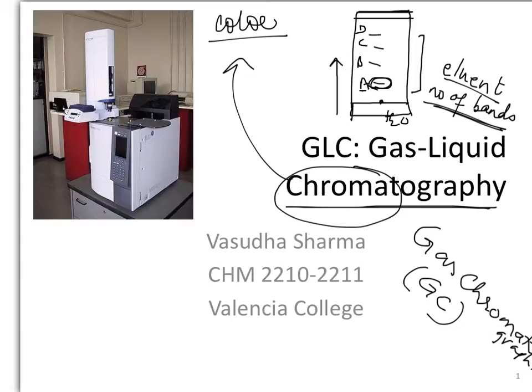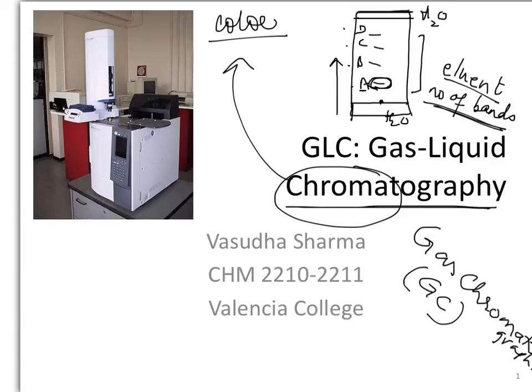Water would be the one which travels fastest. So looking at the distance that it had traveled, one would be able to make predictions in terms of solubility or vice versa. This is general chromatography that I'm talking about.